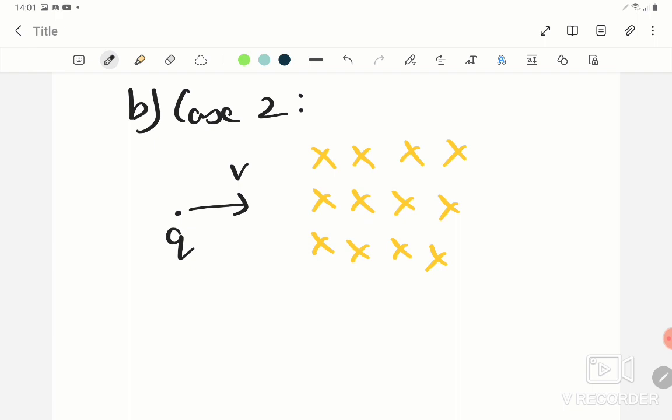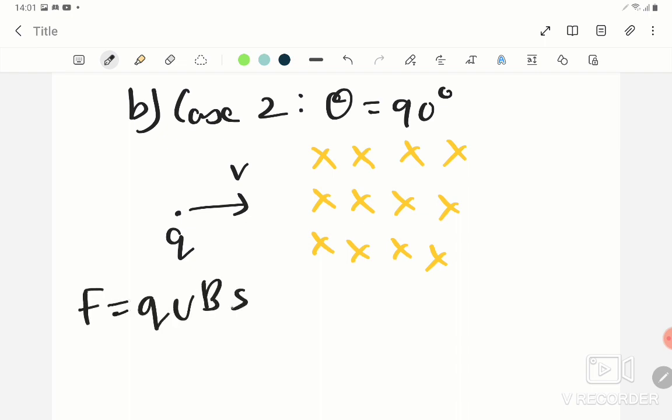Guys, here velocity and magnetic field will make an angle of 90 degrees and in such a case the force acting on the charge will be given by QVB sin 90 degrees. Sin 90 is equal to 1, so the total force will become QVB. Now guys, because this is the cross product of velocity and magnetic field, this force will be perpendicular to both velocity as well as magnetic field.